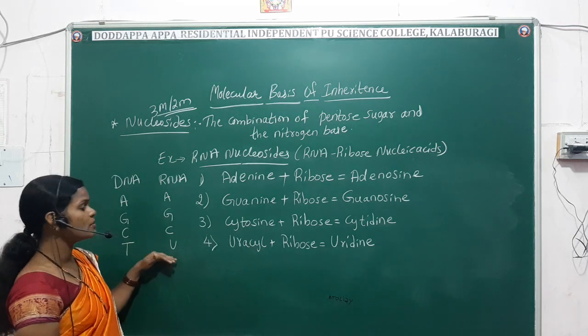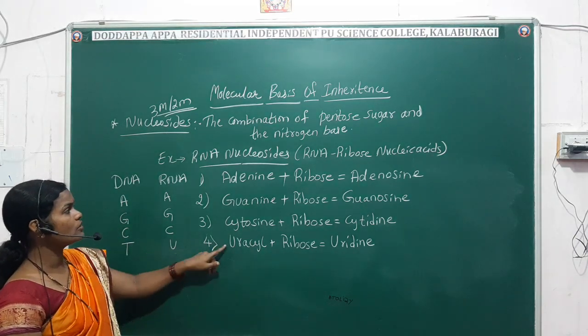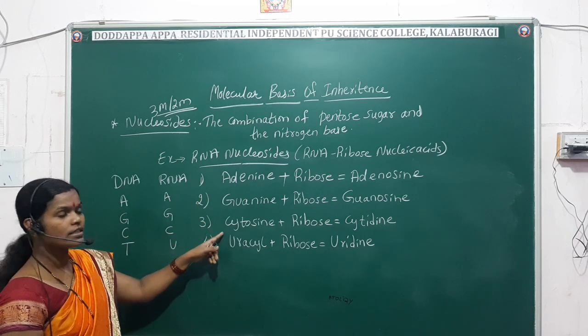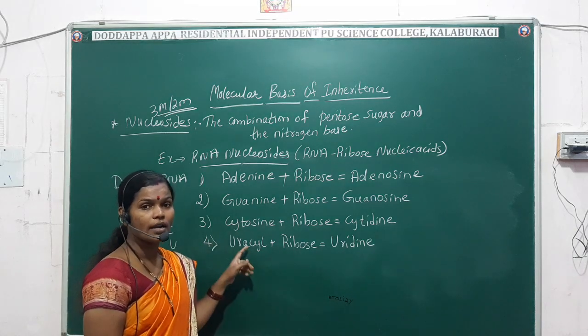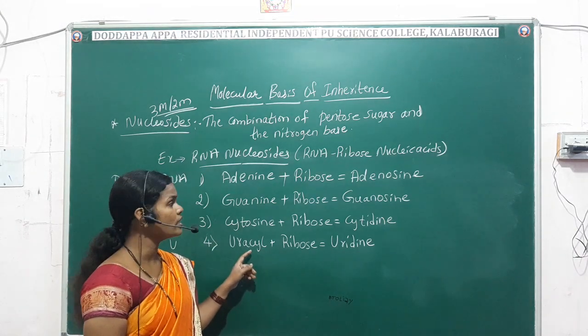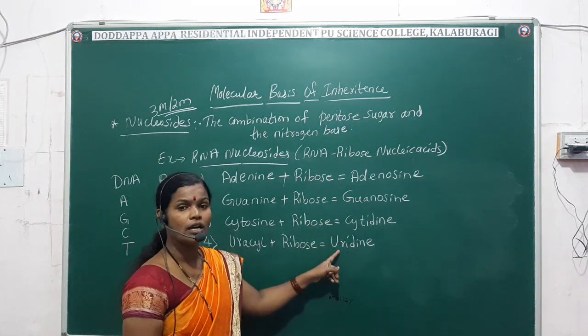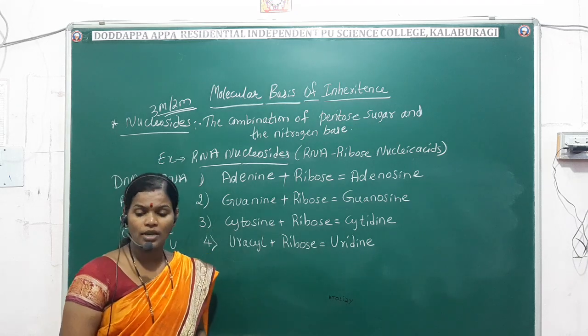This is the difference between the DNA and the RNA. Accordingly, the RNA nucleosides are adenosine, guanosine, cytidine and uridine. So this is about the nucleosides.